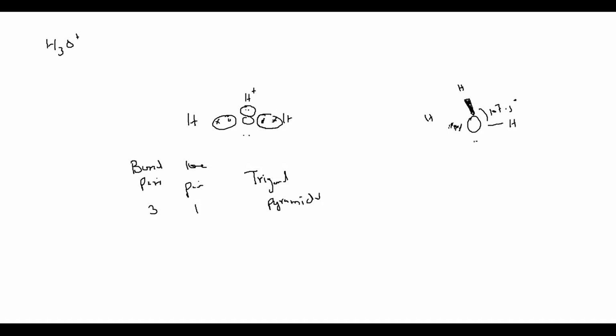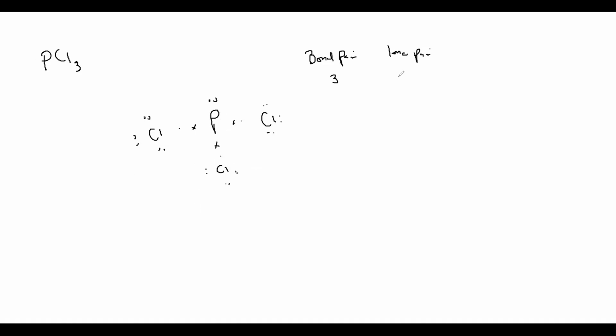Another example for this is PCl3. Phosphorus belongs to group 5, so it has 5 electrons. One is shared with one chlorine, then another is shared with another chlorine, and there are 3 chlorine atoms here. So when we compare the bond pairs, there are 3. When we compare the lone pairs, there's one lone pair.